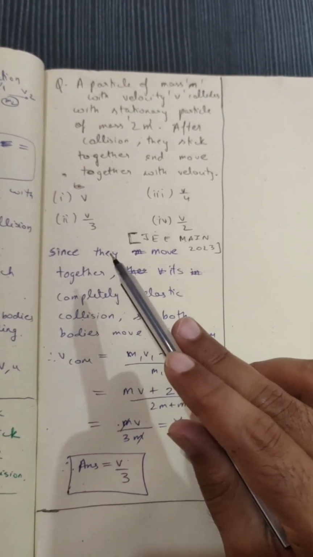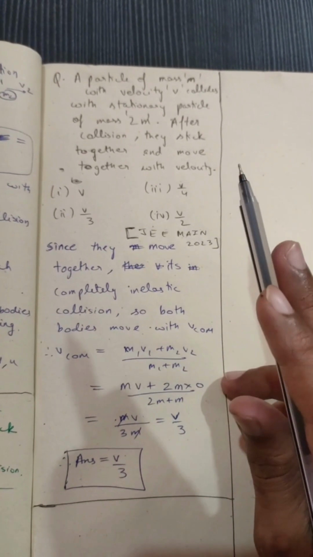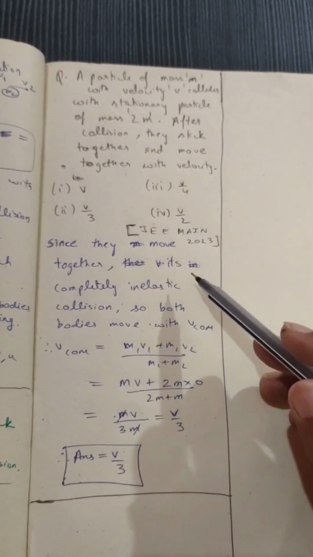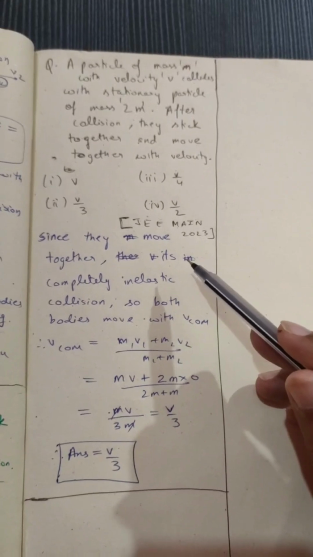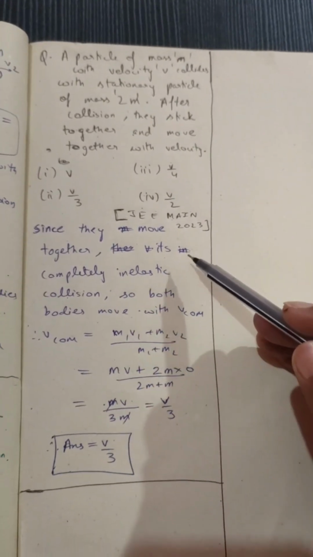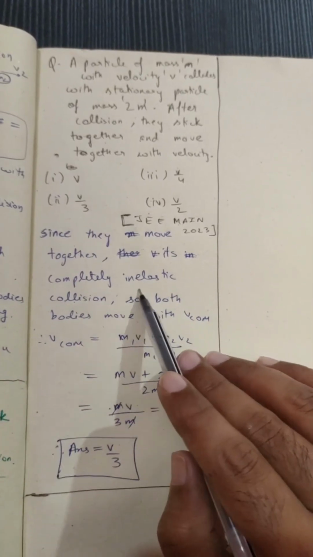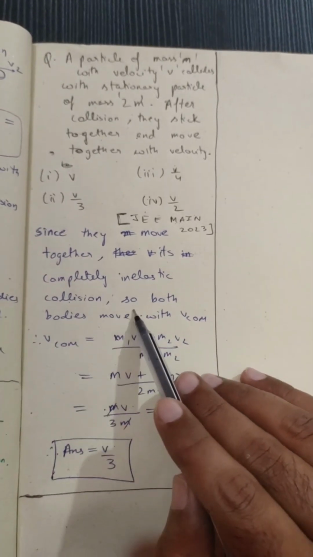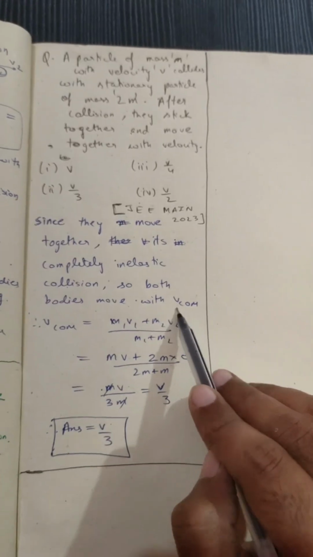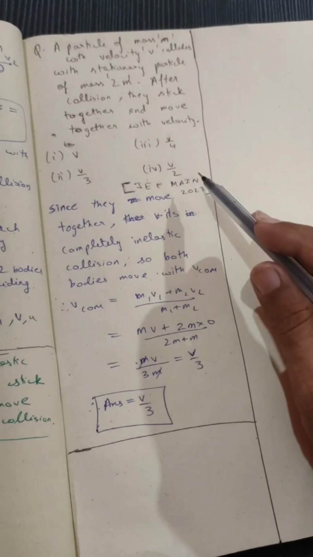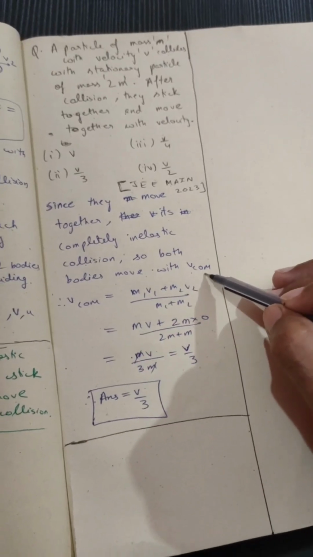In this question, we are given the condition that they move together, and whenever two bodies move together after a collision, the collision is completely inelastic and both bodies move with the center of mass velocity. So the velocity we have to find is equal to the center of mass velocity.